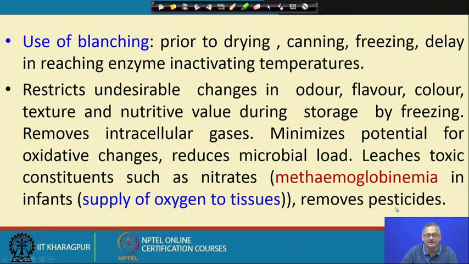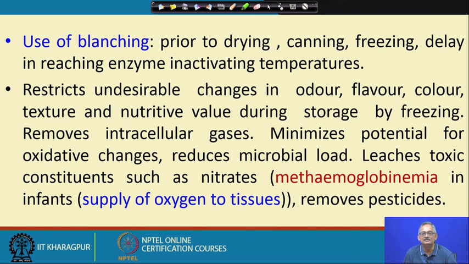Now, where do we use blanching? Generally, we use blanching prior to drying, canning, freezing, or to delay the enzyme activities so that enzymes can be kept aside.